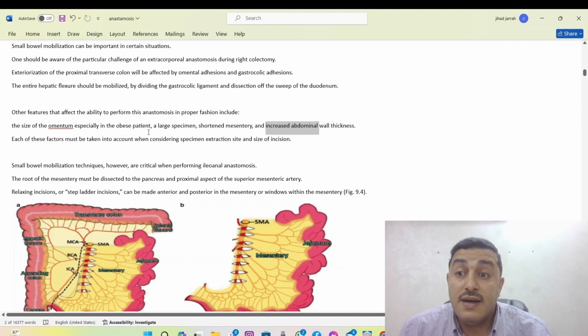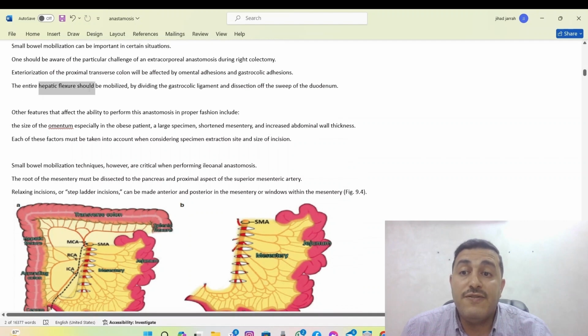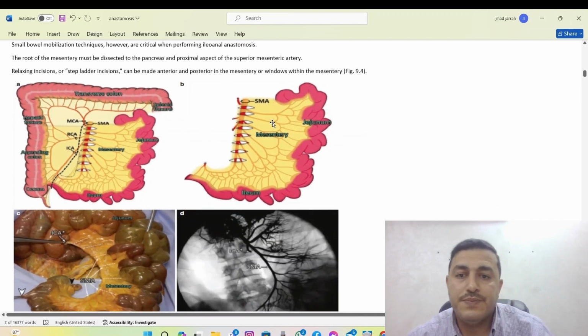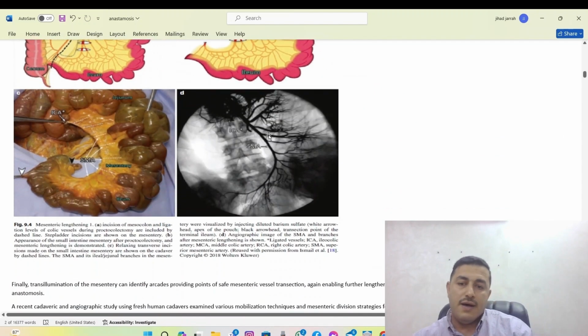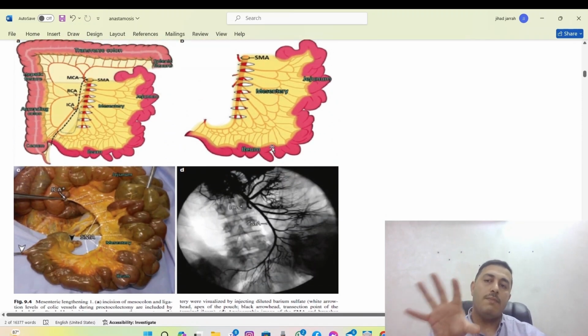One of the important steps in right hemicolectomy, for example, when I want to do ileocolic anastomosis, is to do hepatic flexure mobilization, and this includes gastrocolic ligament resection. So this is the most important technique that we have to know about small bowel mobilization, which is called the stepladder technique.